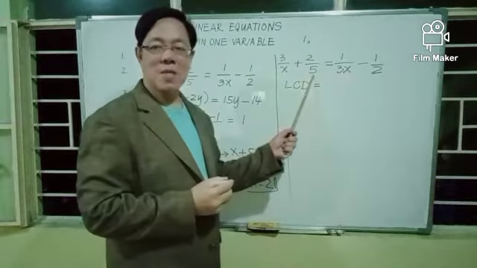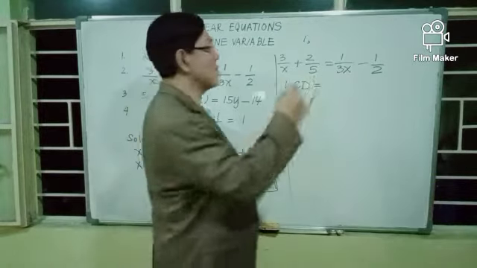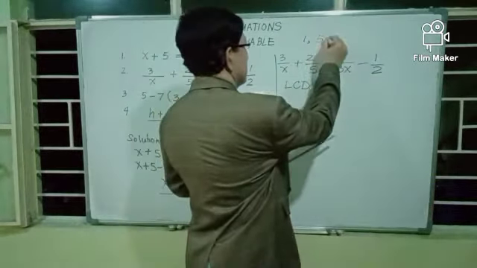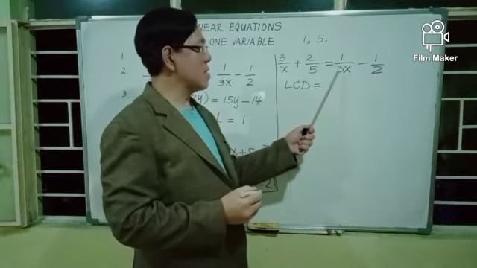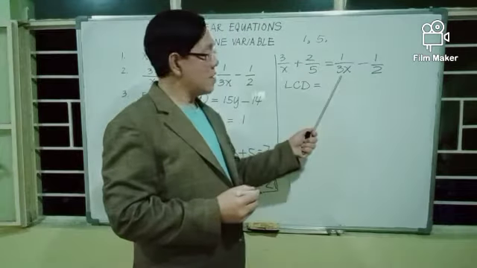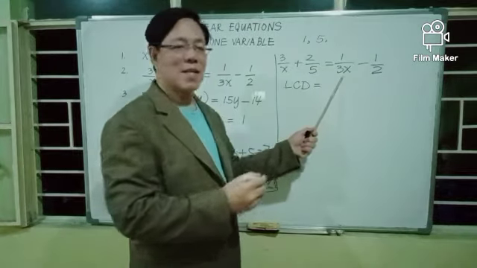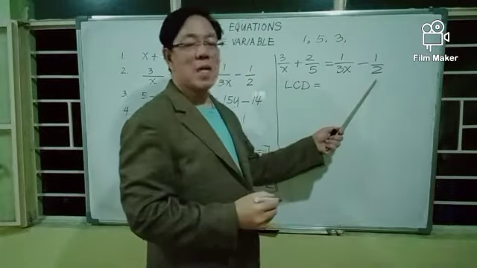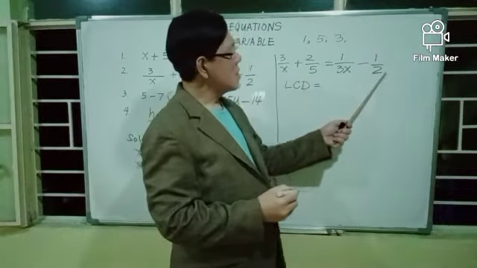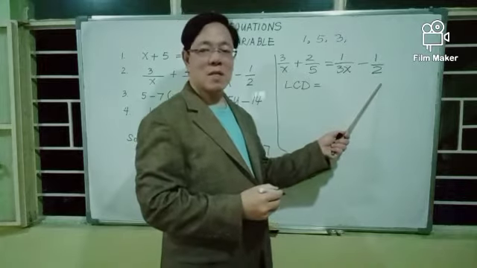The denominator of the second term is a constant 5. And the numerical coefficient of x in the first term of the right-hand side is 3. And the denominator of the constant term at the right-hand side is 2.